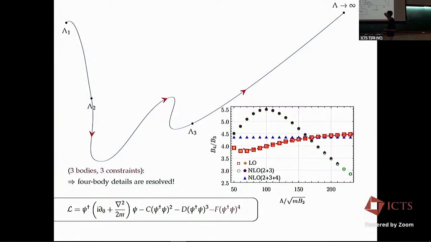Now, the green and purple markers indicate next to leading order calculations.